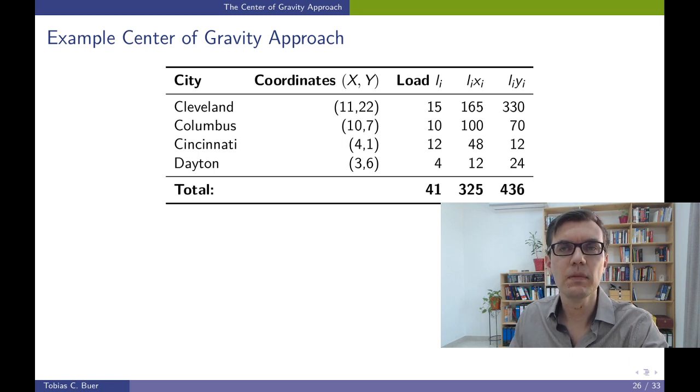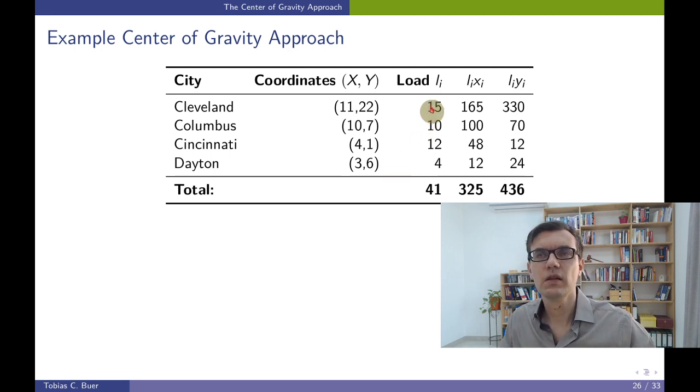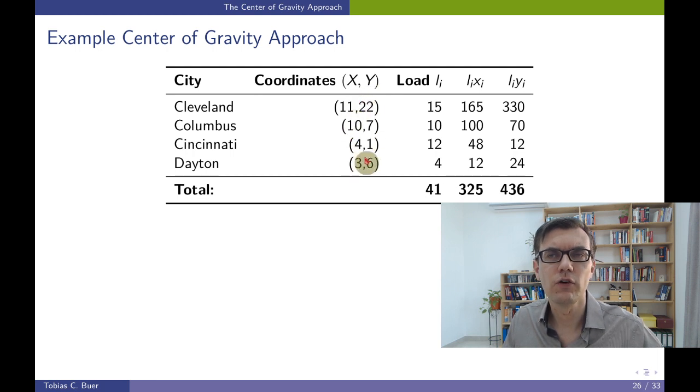Now let's continue the example of the load distance model. I'm using the same problem data with the given load and the coordinates of the different cities. So these are our 4 cities. We have the transport load, the amount of goods that need to be transported to these stores in these cities. And now I calculate in this column the coordinate of the center of gravity for the x coordinate, and here I calculate the y coordinate of the center of gravity.